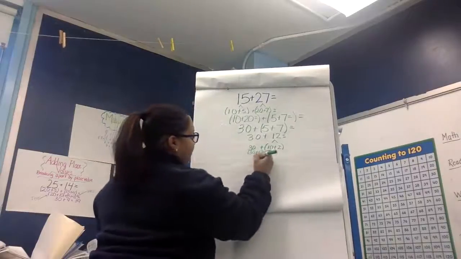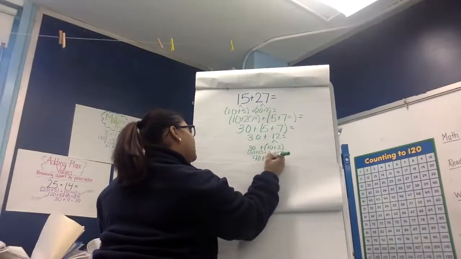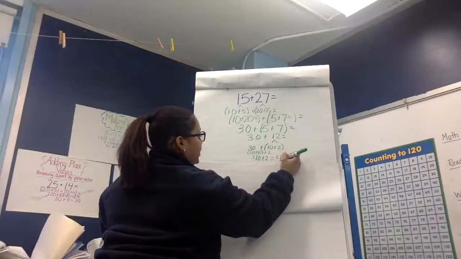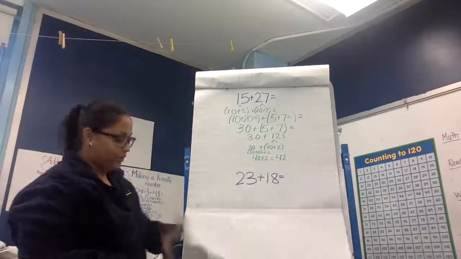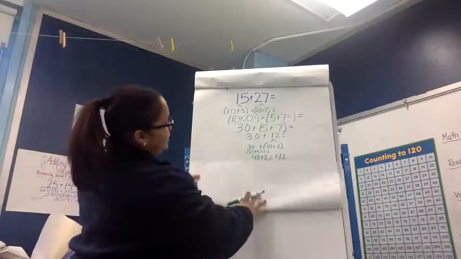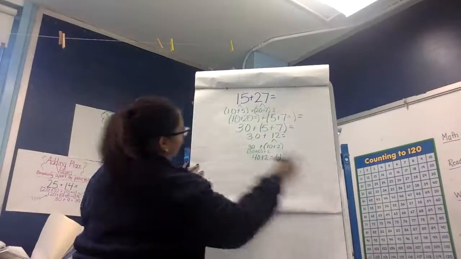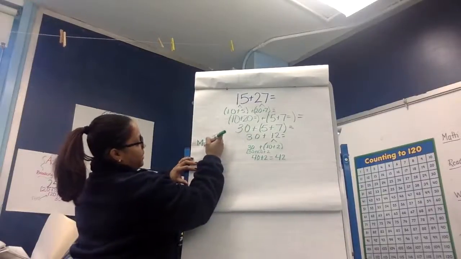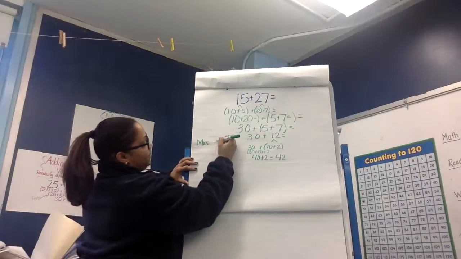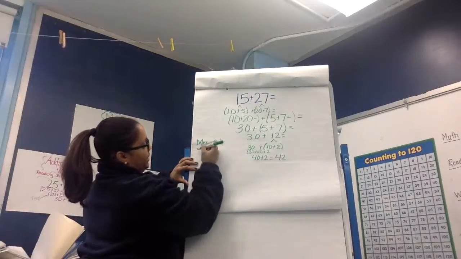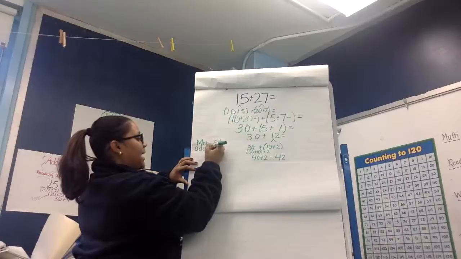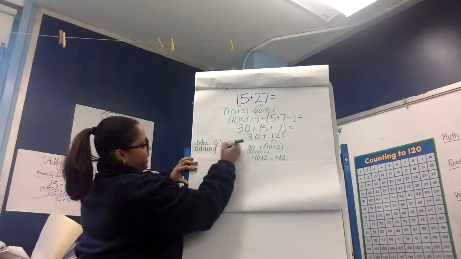So here I have 40 plus 2 equals 42. And this is Mrs. G's adding by place value. Remember, whenever we use a strategy, we name it. So here we are adding by place value.